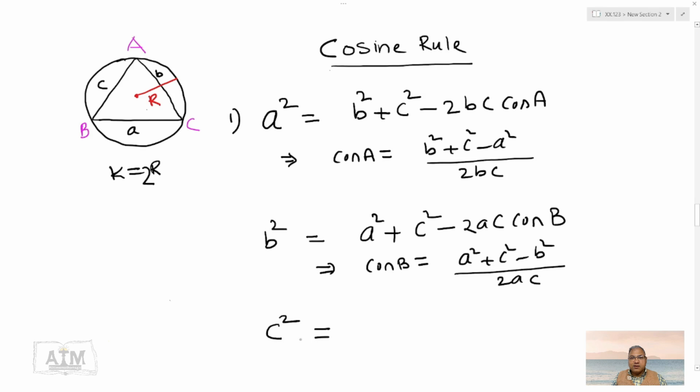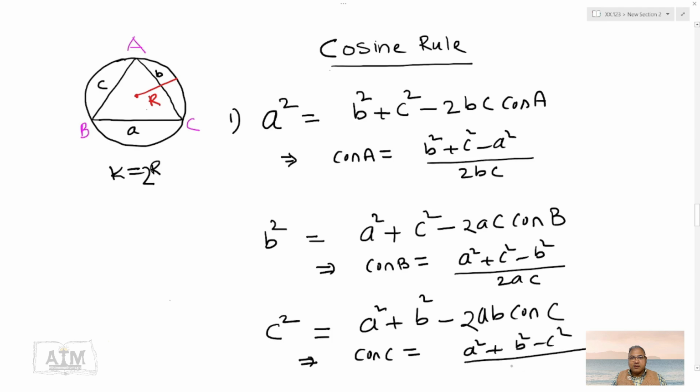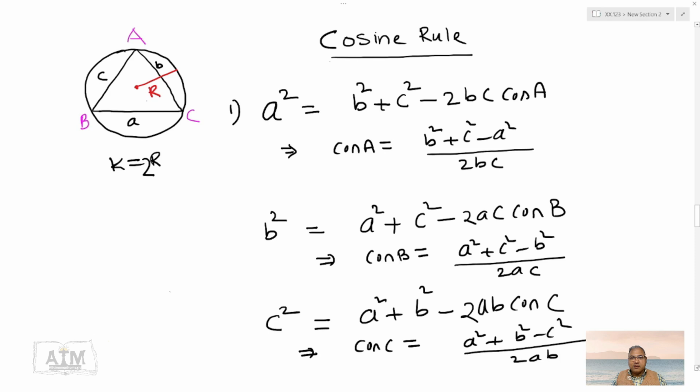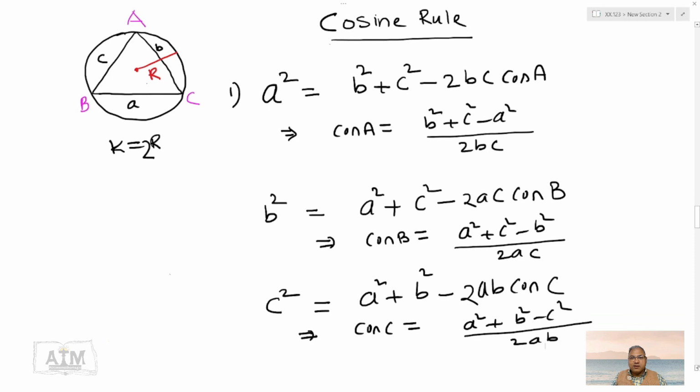Similarly, c square can be written as a square plus b square minus twice ab cos C, which implies cos C equals a square plus b square minus c square upon twice ab. So these are the three formulae, and these three rules are called the cosine rule.